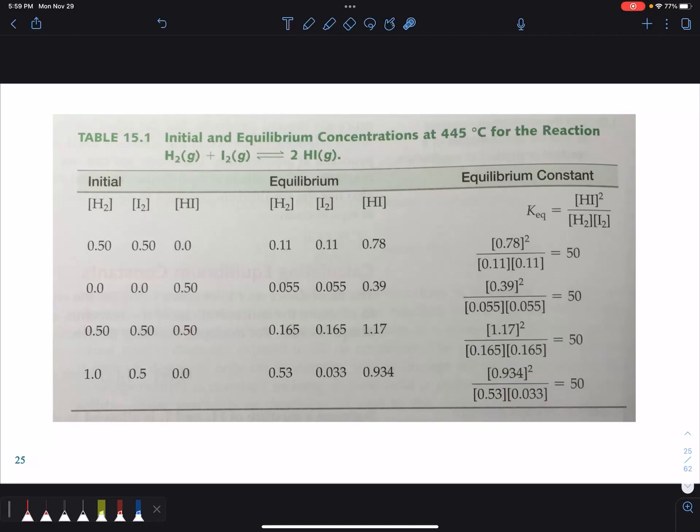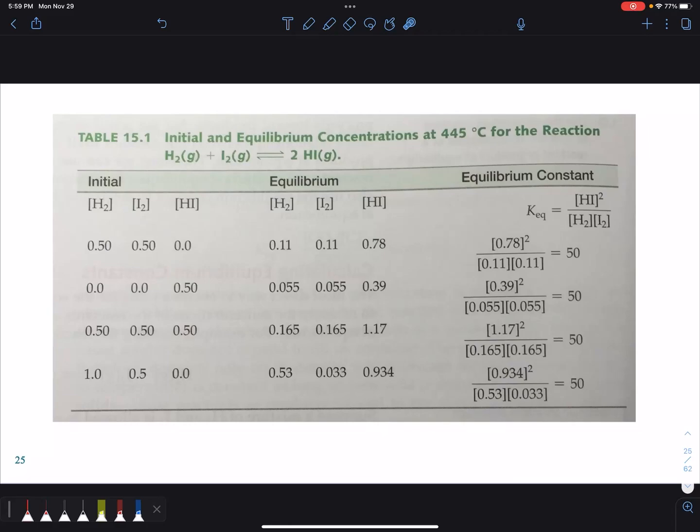Oh yeah, this is a good diagram. So if we've got an initial concentration here of hydrogen, iodine, and hydrogen iodide, our initial concentrations, it's all hydrogen and iodine. When we come to equilibrium, we're going to get the concentrations that we just saw.